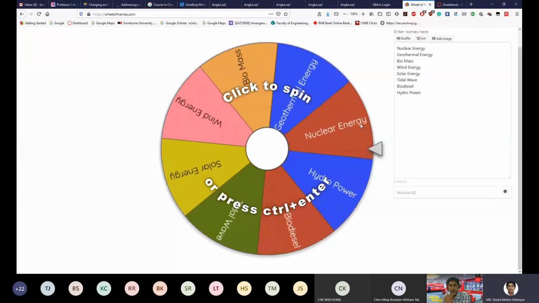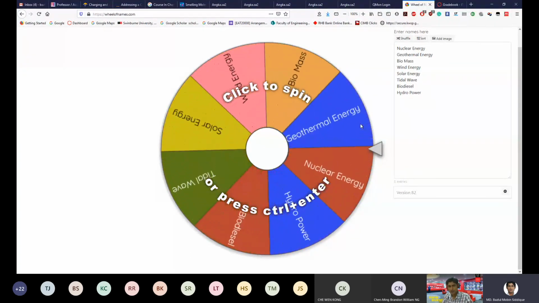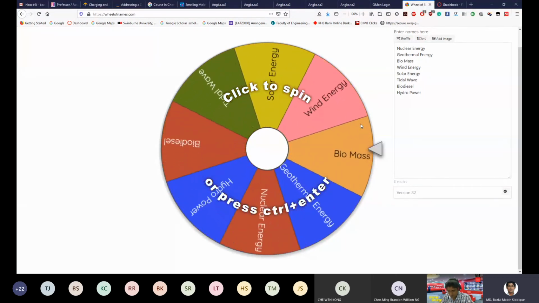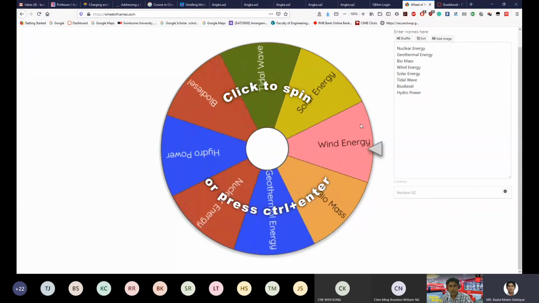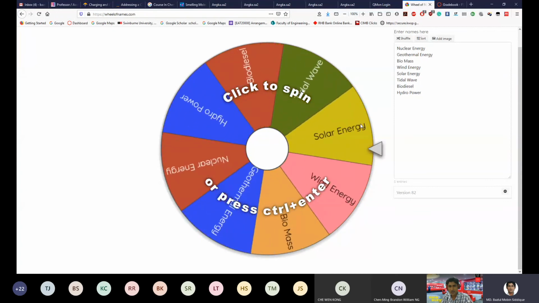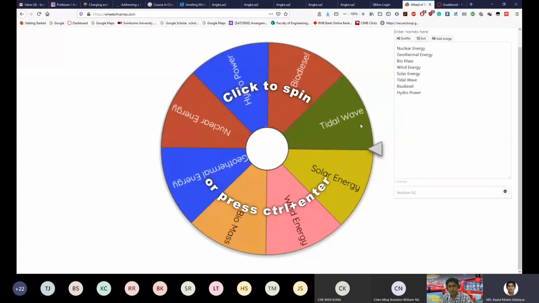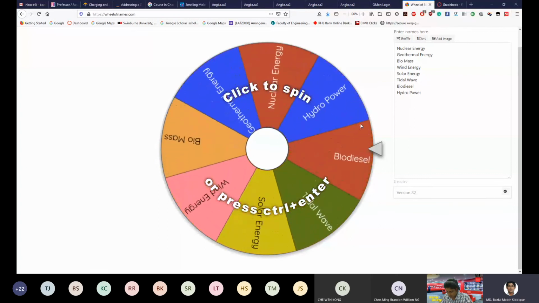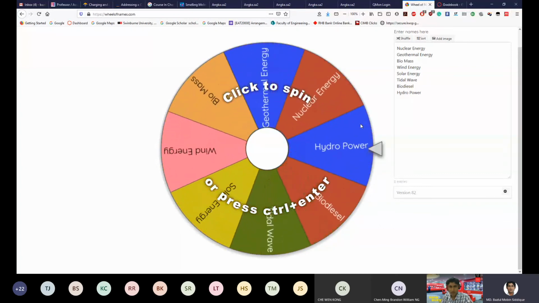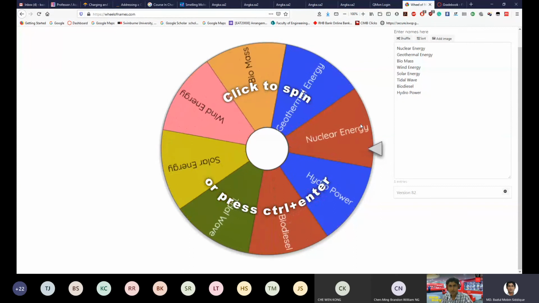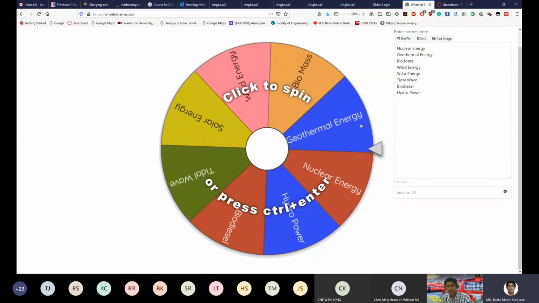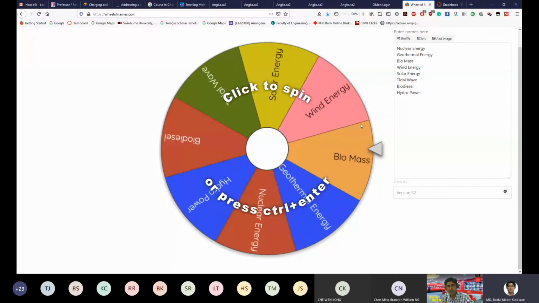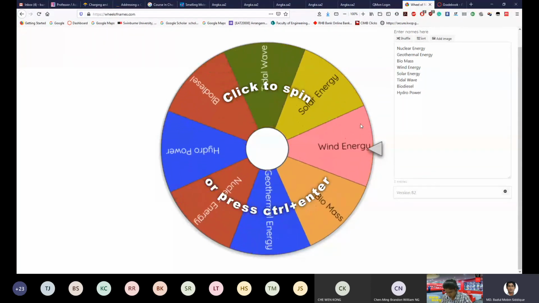Group 4 replied first, wants to go first. After this, who wants to go? Group 8 is number 2. Group 7 is number 3.